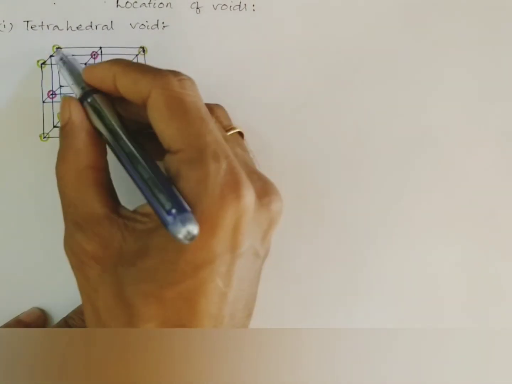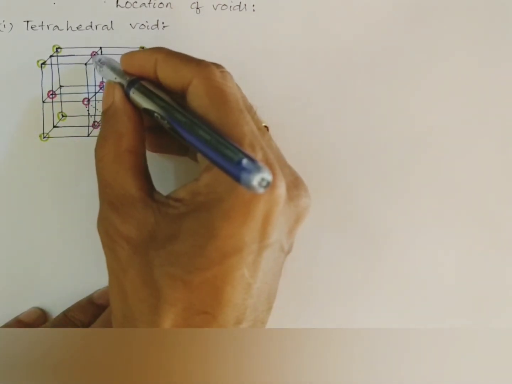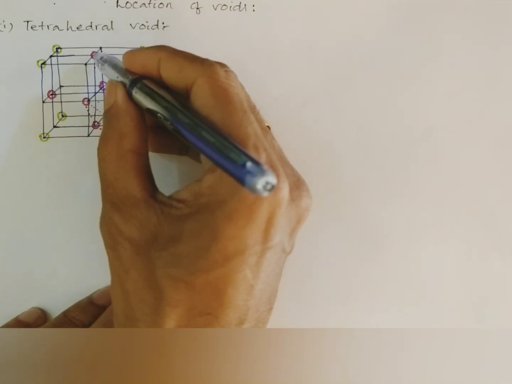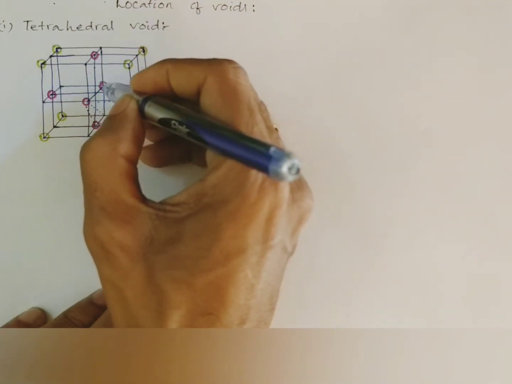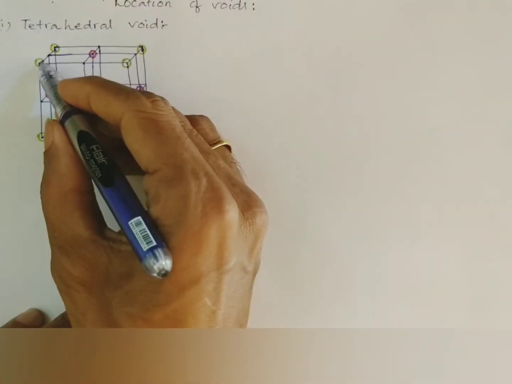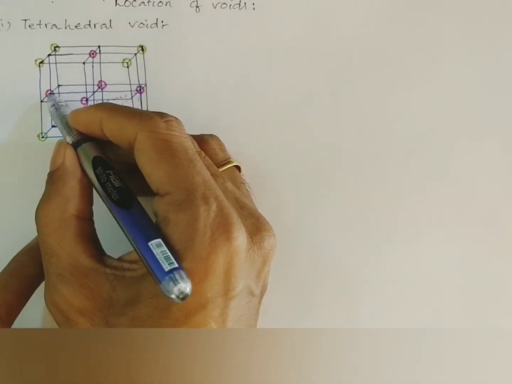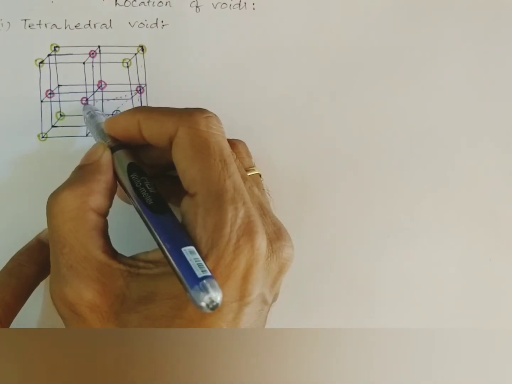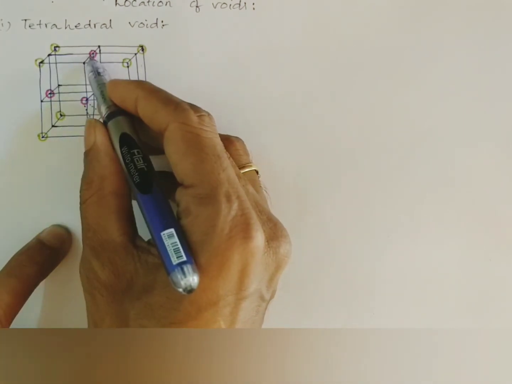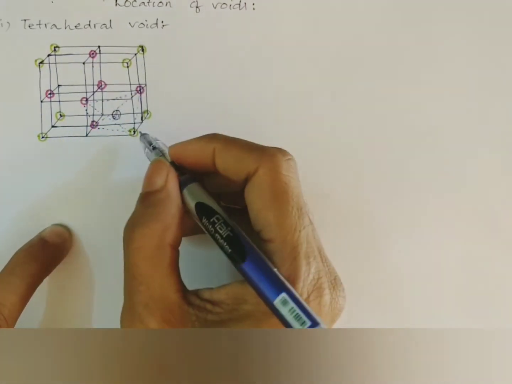Similarly, this atom forms a tetrahedral void by using 3 more atoms on the faces, this and this. Similarly, this one forms a tetrahedral void by using the 3 adjacent atoms, this one and this one. So like this, any corner has one tetrahedral void.